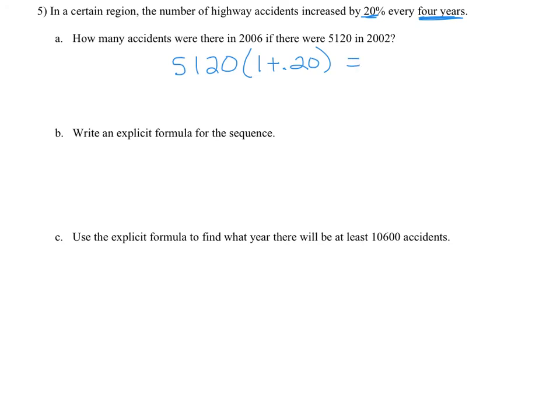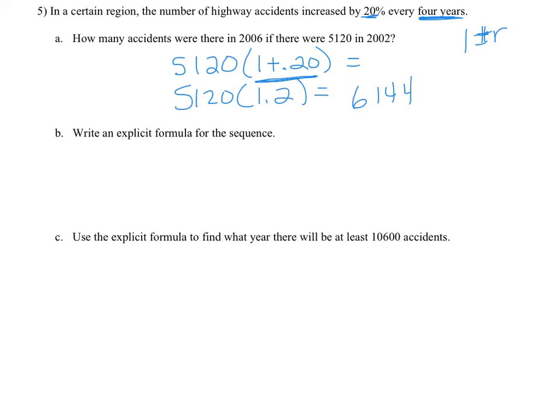I wrote it like this so you would see that you remember doing the exponential growth and decay where you did 1 plus or minus the rate. Well, that's what's happening here. This is exponential growth, so we're adding. If it was exponential decay, you would subtract. So I just simply multiply 5120 times 1.2, and that's 6,144. Just to give you an idea of actually what's happening.